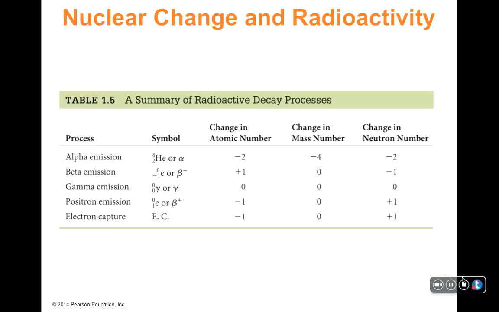Beta emission is emission of that electron. And gamma emission is just energy. Positron emission is the positively charged, that +1, essentially, it forms the positron. Electron capture is, again, the electron, but it's on the left-hand side of the reaction.